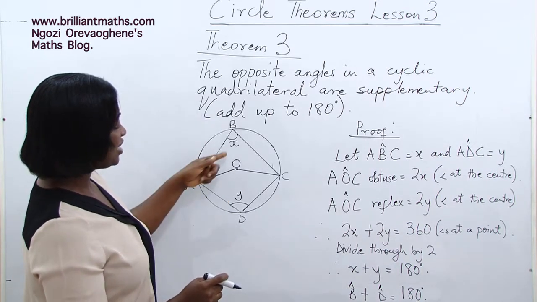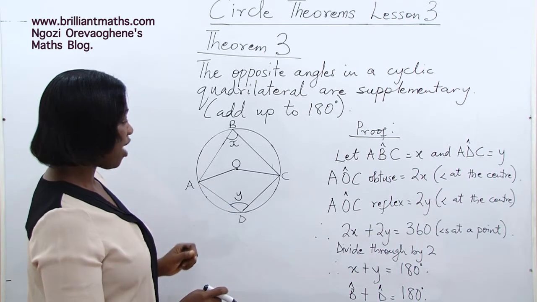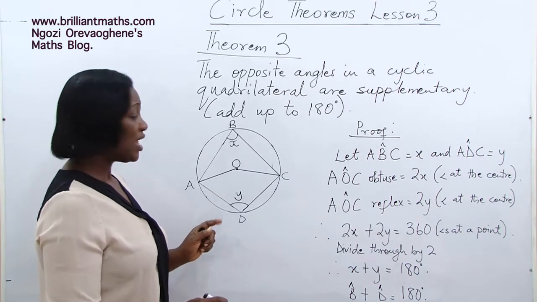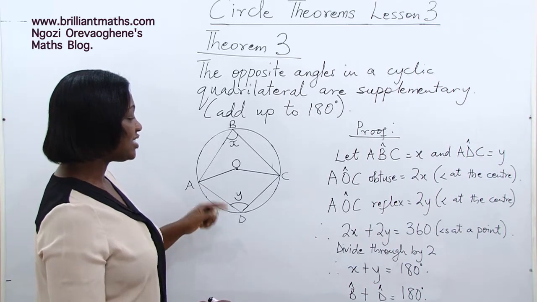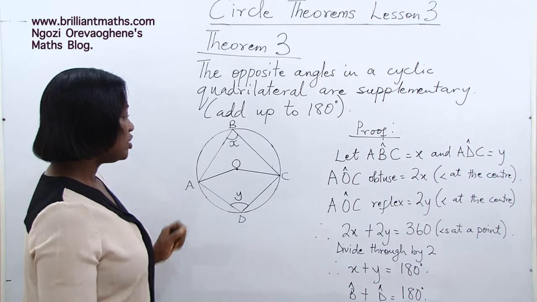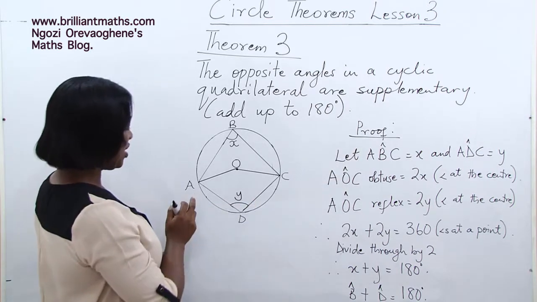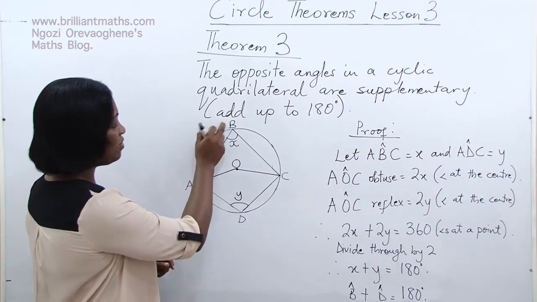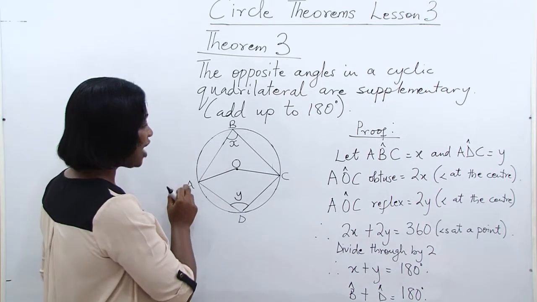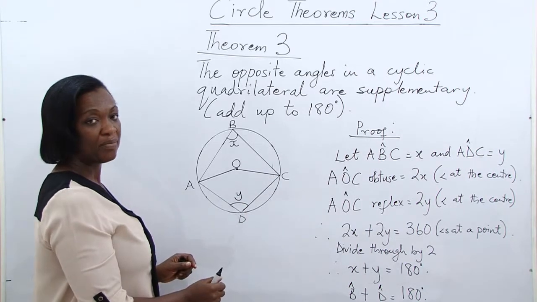The angle at B is X and the angle at D is Y. Remember one of the theorems we've done before, that the angle subtended at the center is twice the angle at the circumference. So we say let angle ABC, the angle at B, be equal to X, and let angle ADC be equal to Y.